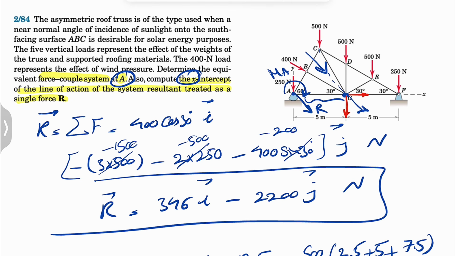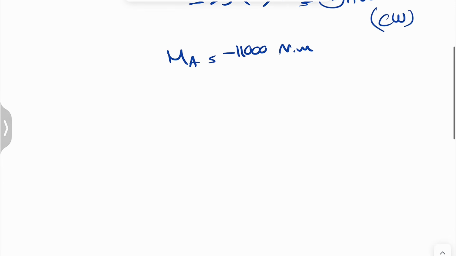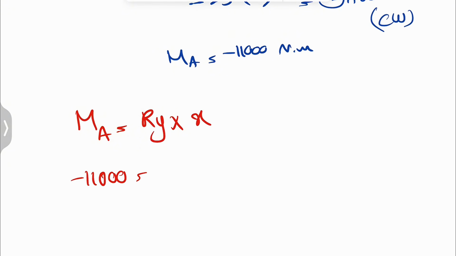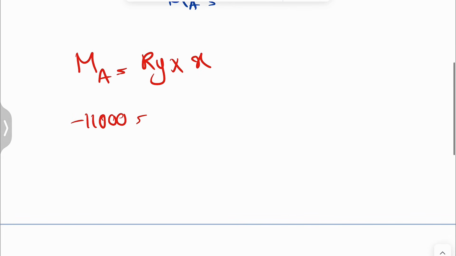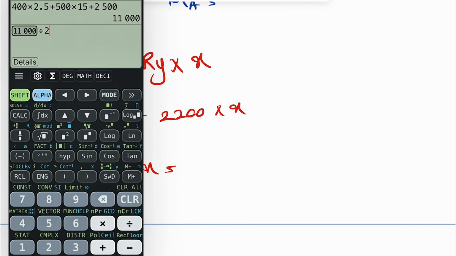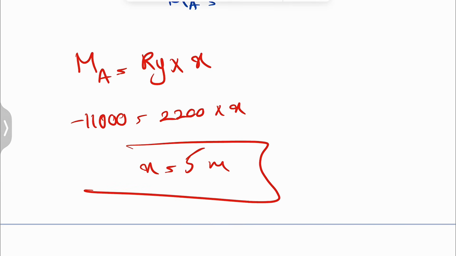That's our R, or line of action of R. The y component of R is going to make the moment. So MA has to be equal to Ry times x. Negative 11,000 is equal to 2,200 times x, and x is divided by 2,200, which gives 5 meters, and that's the x-intercept.